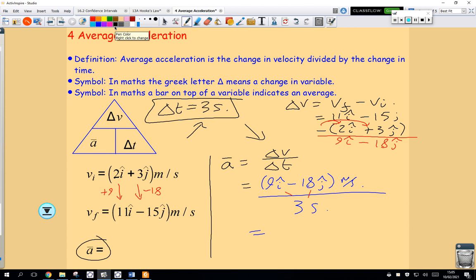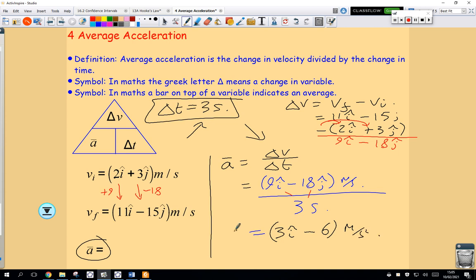So 9i hat meters per second divided by 3 is 3i hat meters per second squared. Negative 18j hat meters per second divided by 3 is negative 6, and the units again, meters per second divided by second, meters per second squared.